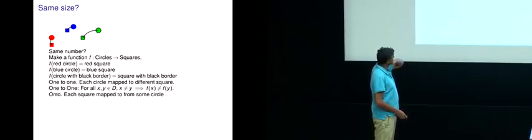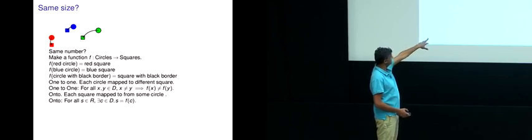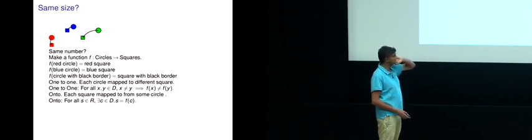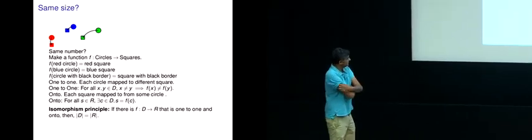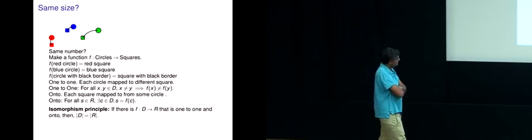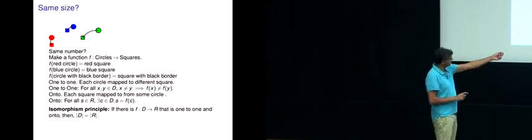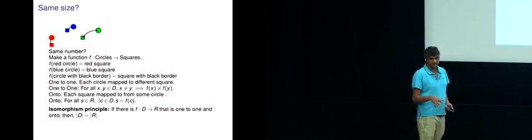And it's onto: each square is mapped to from some circle. It means for everybody S in the range, there exists a preimage C in the domain such that S is equal to f of C. You've seen this definition a lot of times, but let's see it again. If there's a function from the set D to the set R that's 1 to 1 and onto, then their sizes are the same.